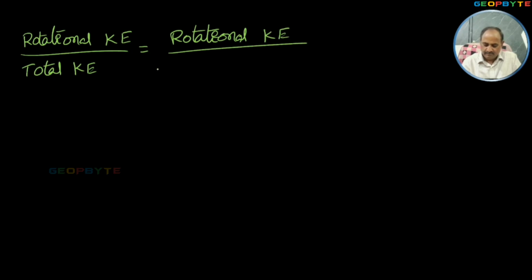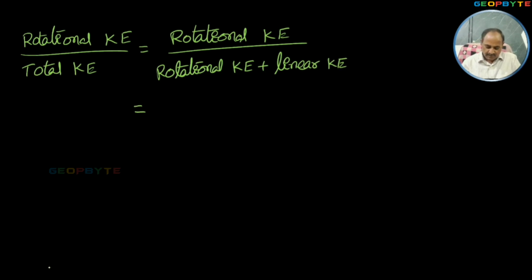Then the ratio of rotational kinetic energy to total kinetic energy is nothing but rotational kinetic energy divided by rotational kinetic energy plus linear kinetic energy.